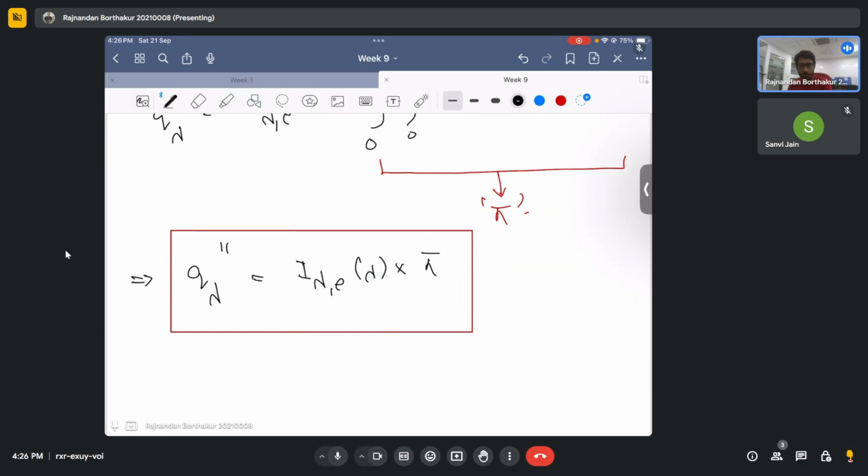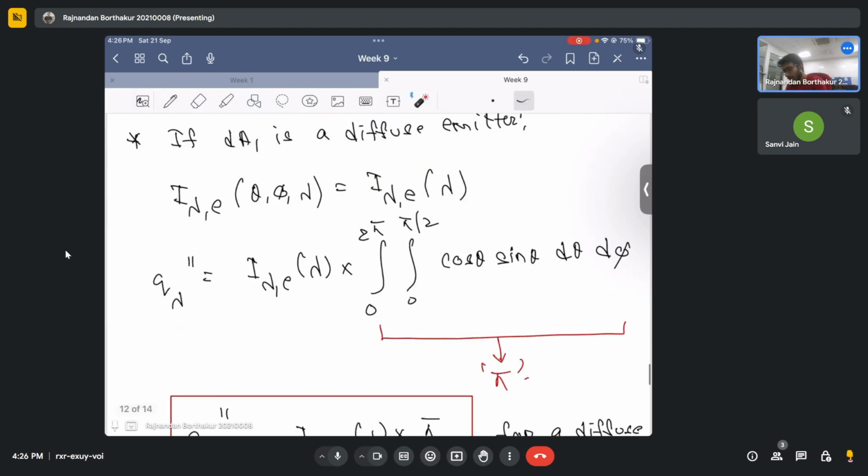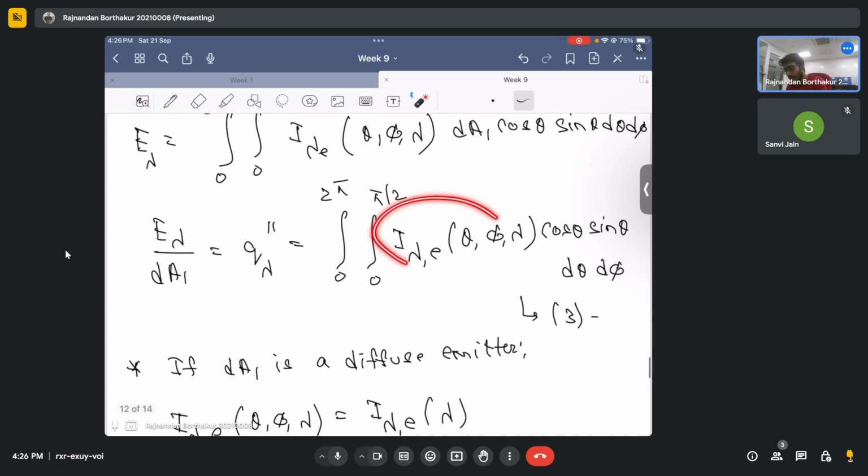This is true, but remember it is true for a diffuse body only. It is simply because for a diffuse body only, you can say that the intensity of radiation, which in general is a function of the direction, that is theta, phi, and the wavelength lambda, no longer becomes a function of theta and phi.